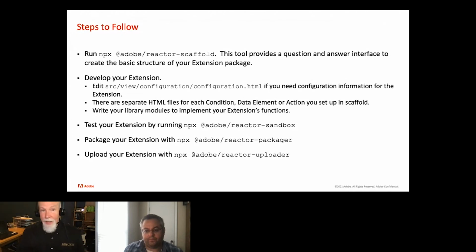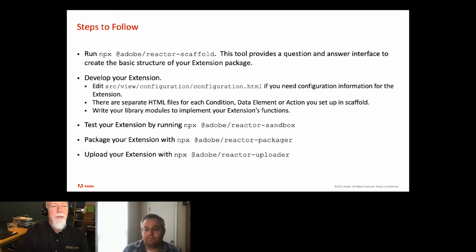When you're writing the HTML, you can use pretty much anything you want to. You can do pure basic HTML. You can do React. You can do whatever. But the major advice I've always heard and been told is to try and make it fit in and look like the rest of the data collection UI, so that it makes sense to somebody when they're going to put it in the system and use it.